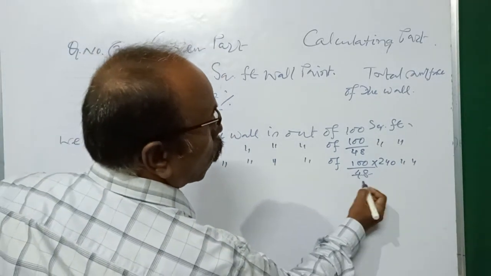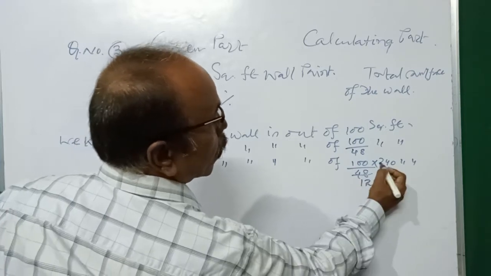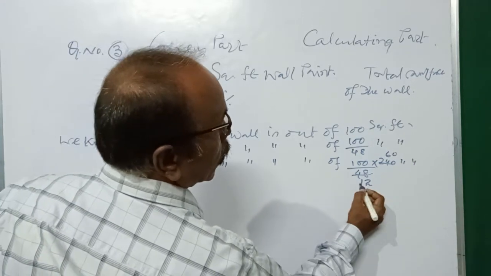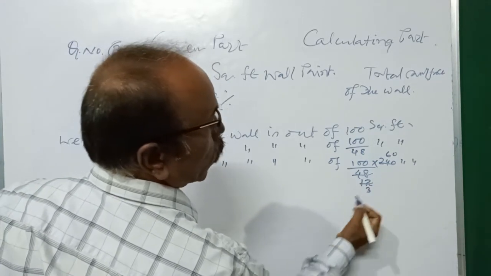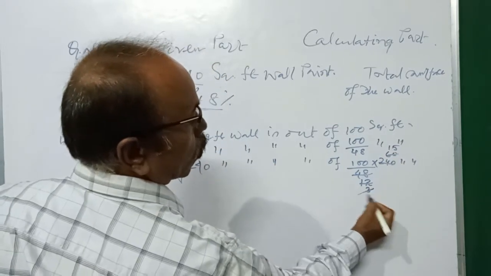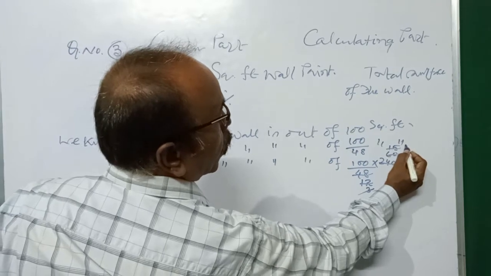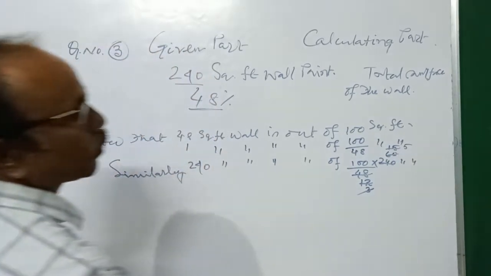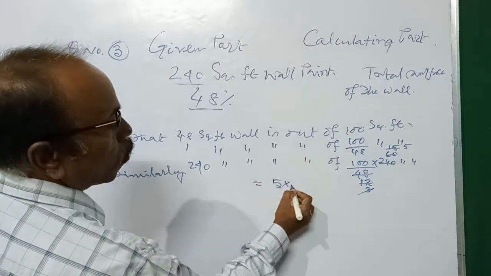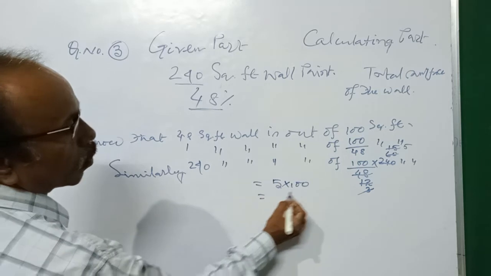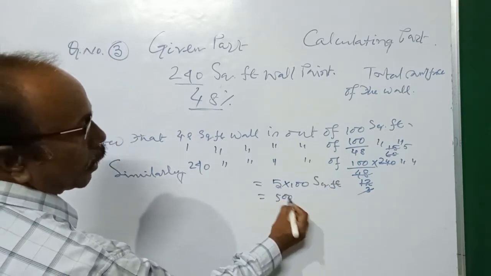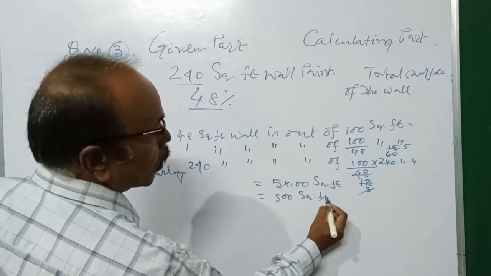So 4 1s are 4, 4 2s are 8, 4 6s are 24, 0. 4 3s are 12, 4 1s are 4, 4 5s are 20. Now 3 is also crossed by 3 5s are 15. So it will be 5 into 100 is equal to 500 square feet.